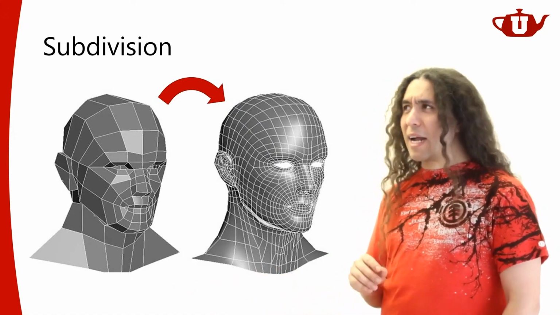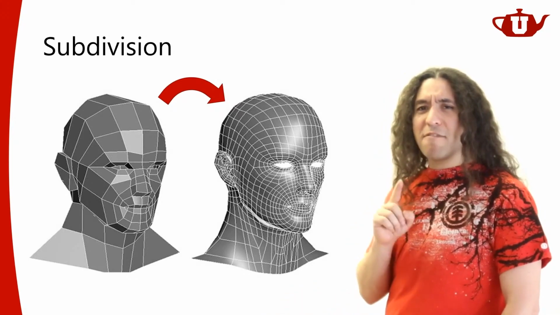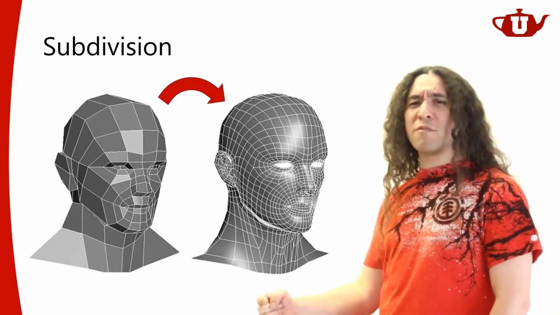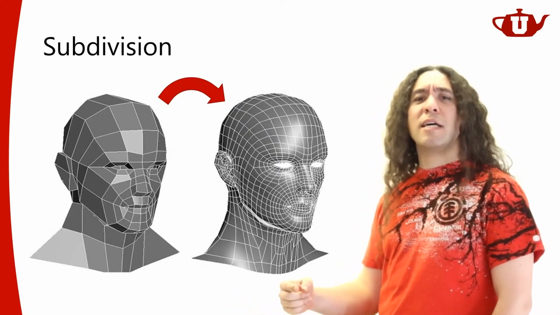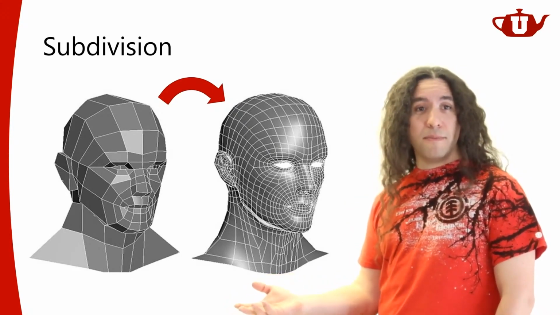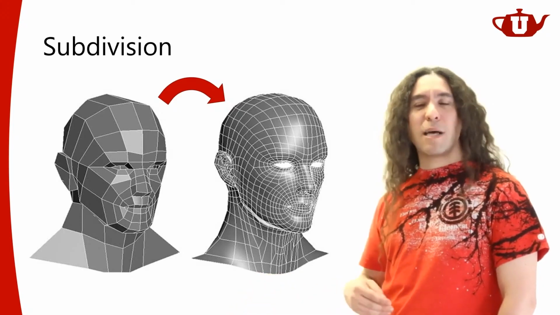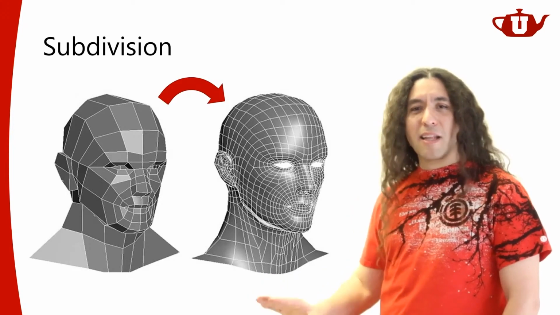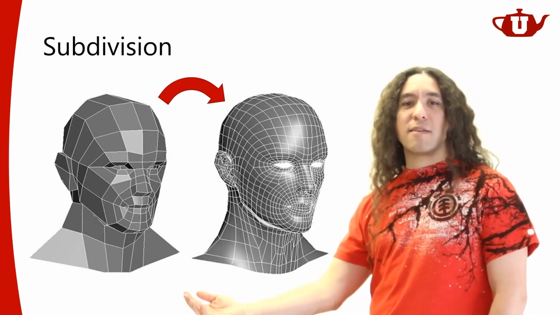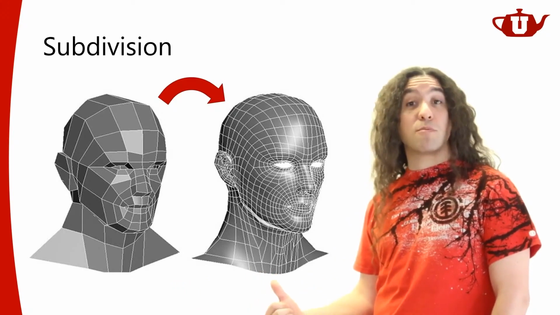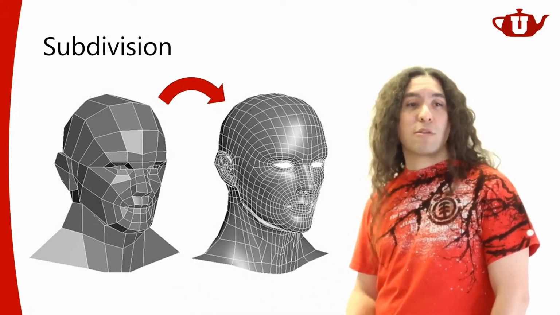Technically, not everything you do to generate a high resolution mesh from a low resolution mesh would be technically subdivision. Subdivision has certain limits, or a more specific definition. Nonetheless, subdivision is the process with which we generate high resolution polygonal meshes from low resolution polygonal meshes.